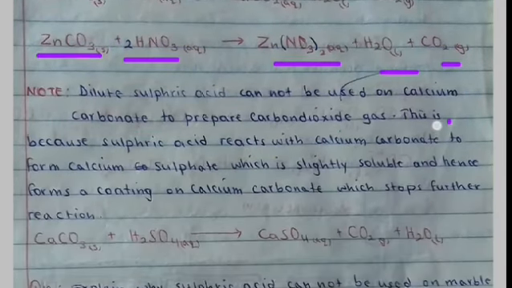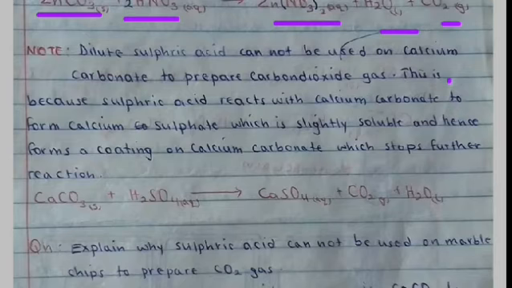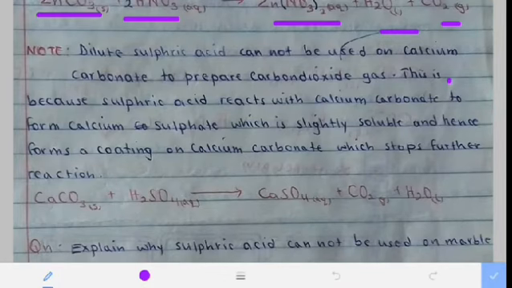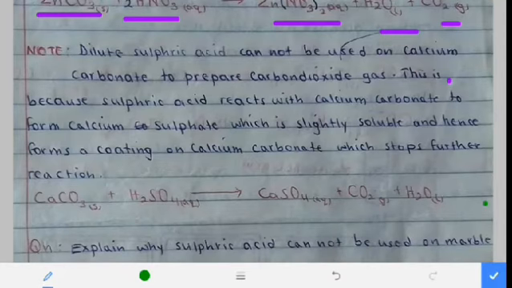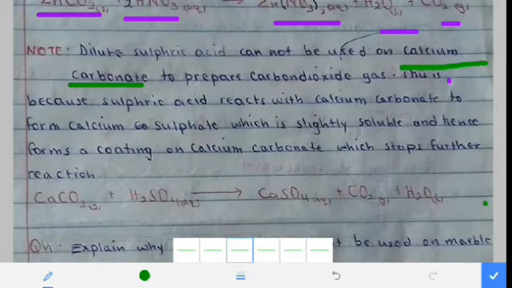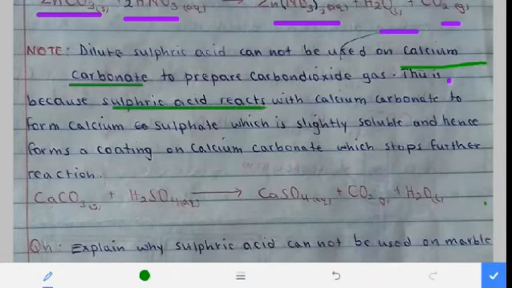So now we have a note that dilute sulfuric acid cannot be used on calcium carbonate to prepare carbon dioxide gas. Here there is an exception: dilute sulfuric acid cannot be used on calcium carbonate, the ones which we call marble chips. The reason is that sulfuric acid reacts with calcium carbonate to form calcium sulfate.